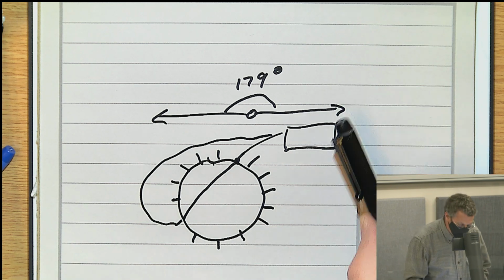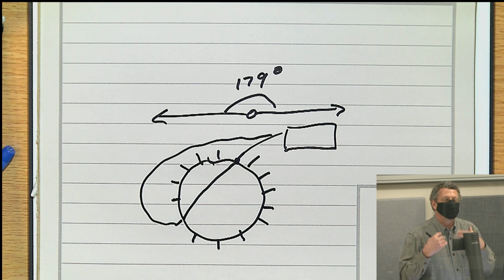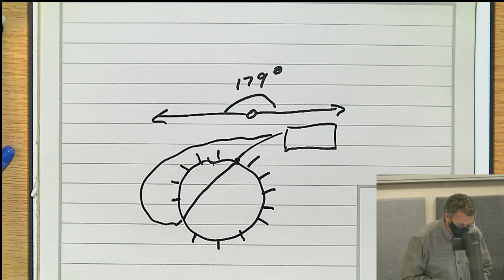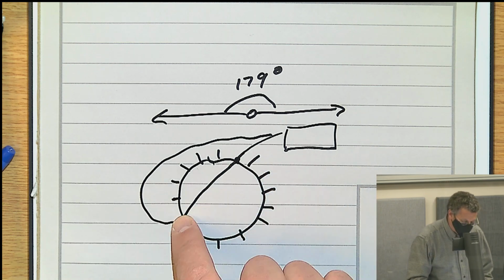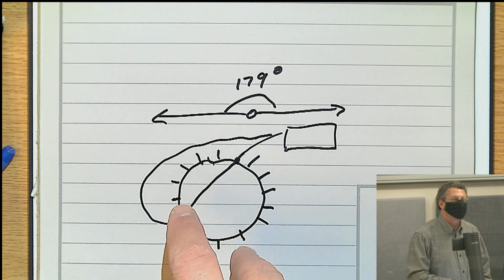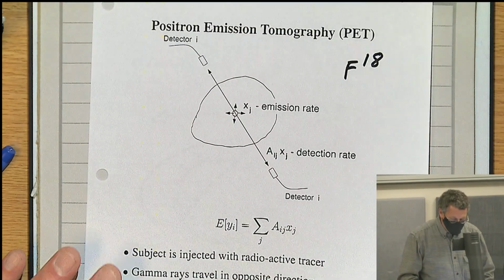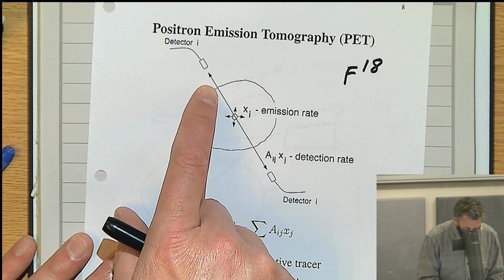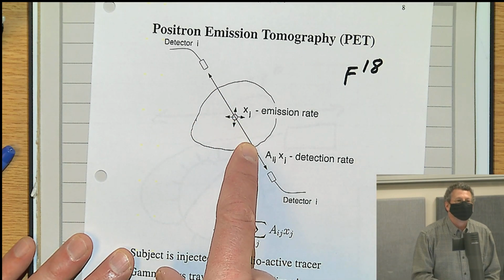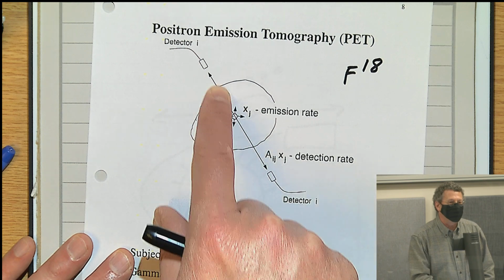Then they basically do a histogram of all the coincident photons that came together, and essentially create a virtual detector associated with every distinct pair of detectors on the PET ring. When they count that, they get a linear integral of the concentration of F18.